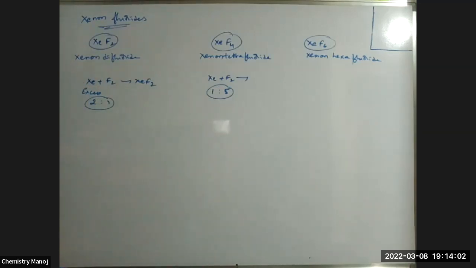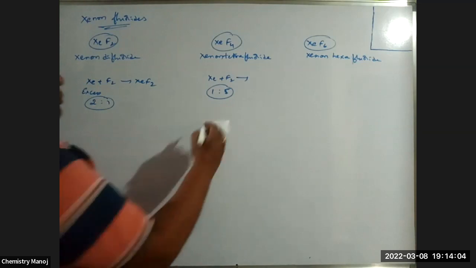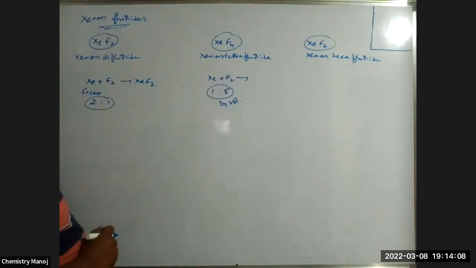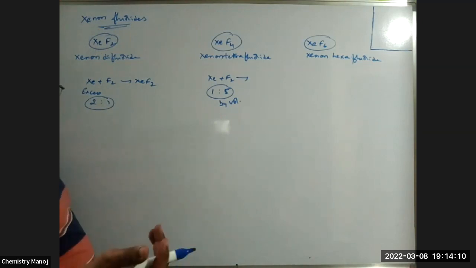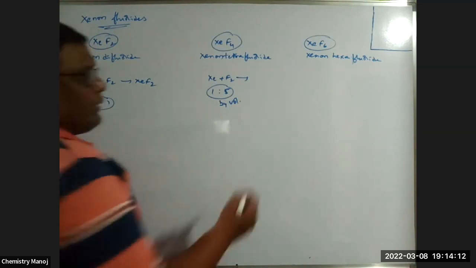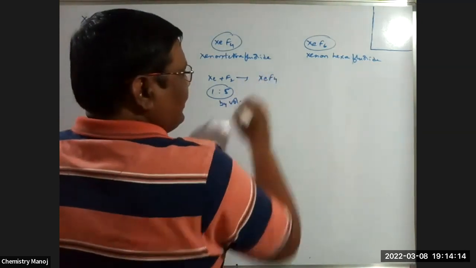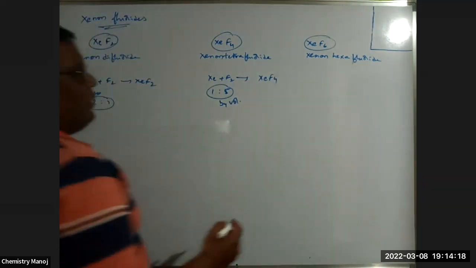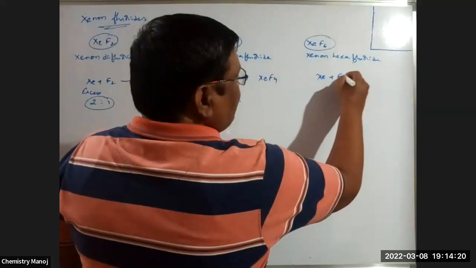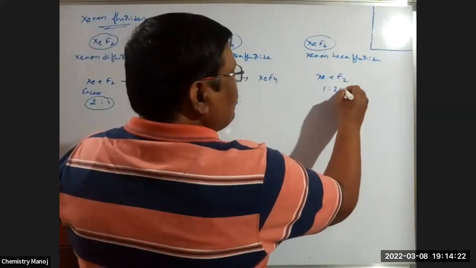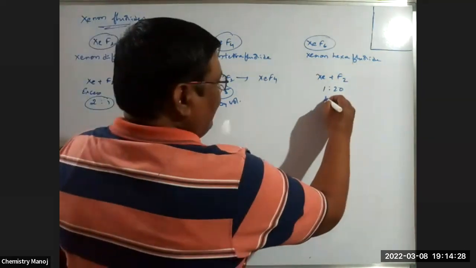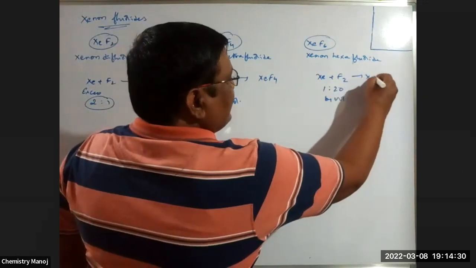Fluorine, by volume, a 1:5 ratio by volume. Under a nickel catalyst, that gives XeF4. For example, if xenon reacts with fluorine in the ratio 1:20, fluorine is much more by volume. It gives XeF6.